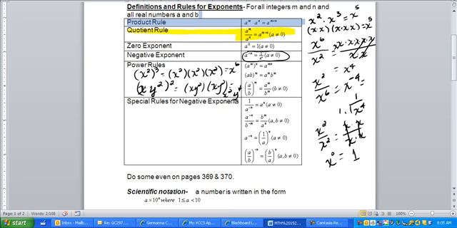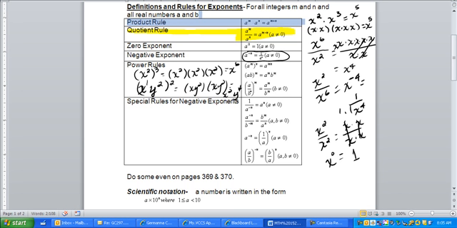So x to the 1 gives us x squared, and then 2 times 2 will give us the 4. So we're actually using the first rule up here. And similarly, if we have a fraction raised to the m power, it's equivalent to raising the numerator to the m and the denominator to the m power. And again, our base in the denominator cannot be 0 since we can't divide by 0.